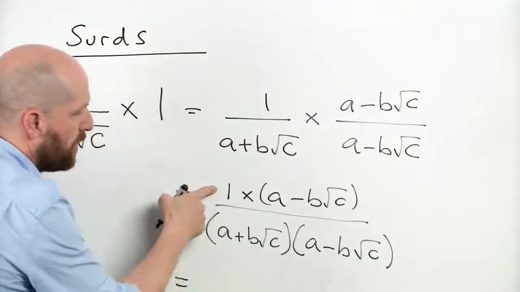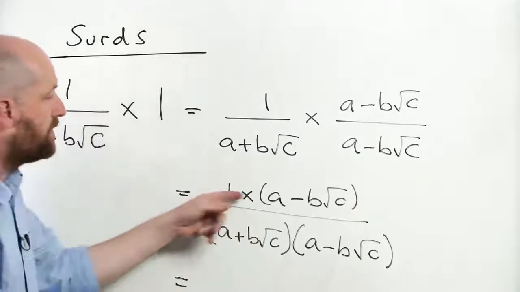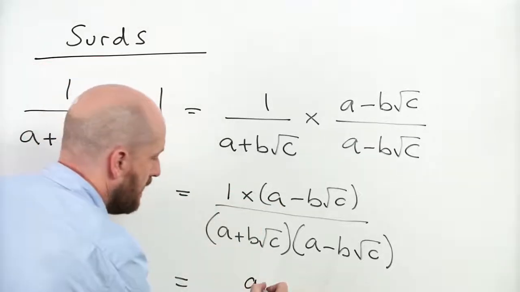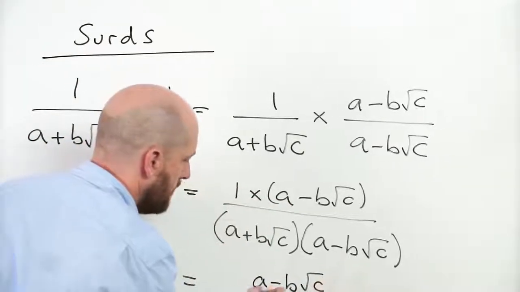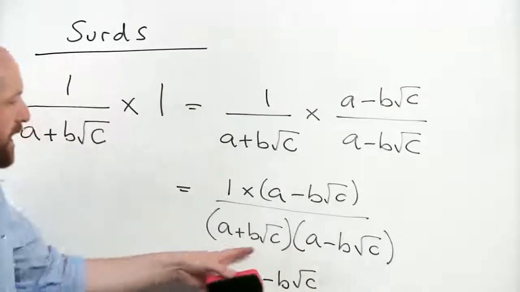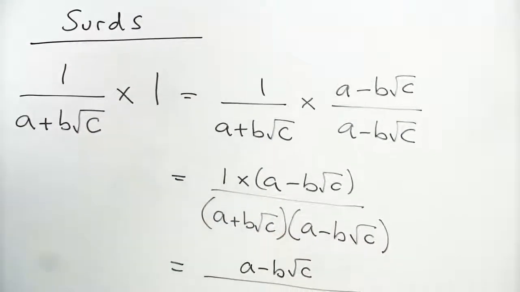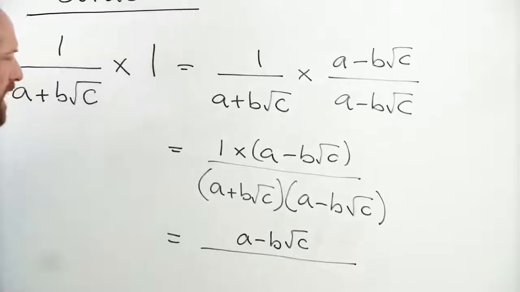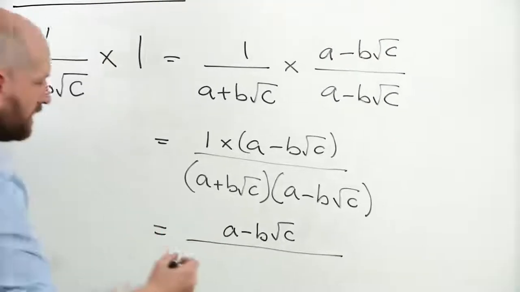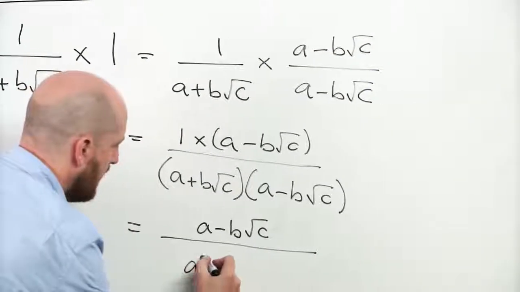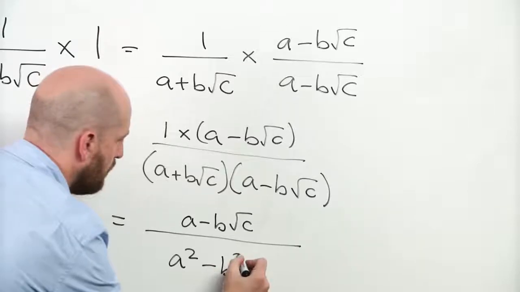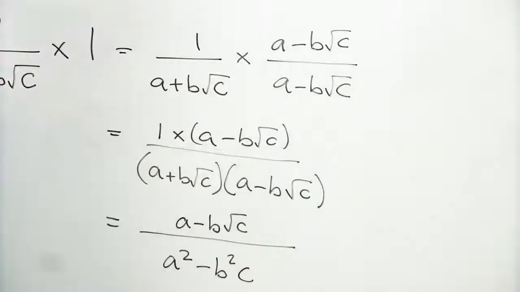Because the numerator here simplifies quite nicely. It's just 1 times this, so it is a minus b root c. And if I expand out this expression here, just using the normal way of expanding out two brackets, this in fact becomes a squared minus b squared c.